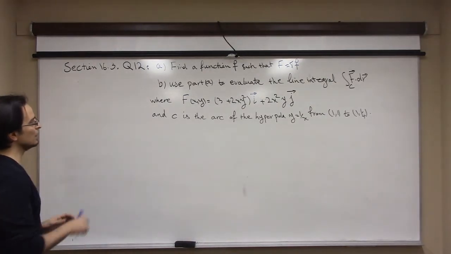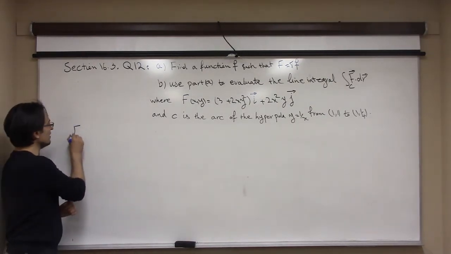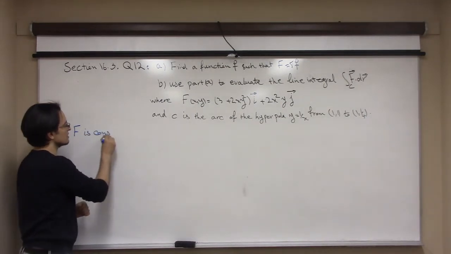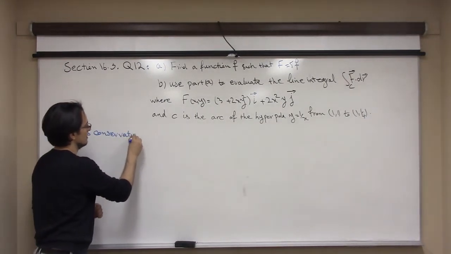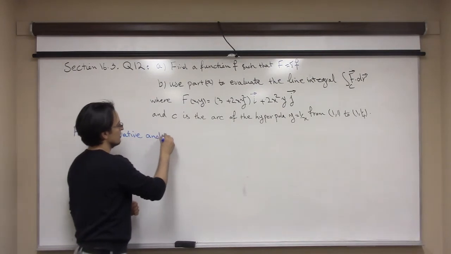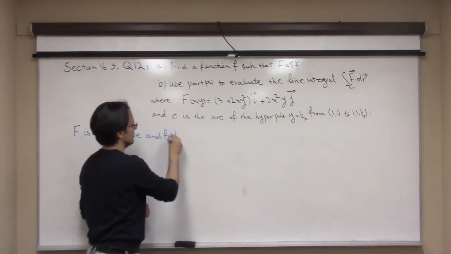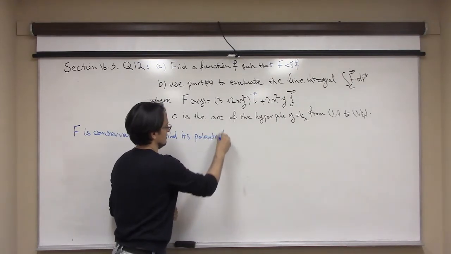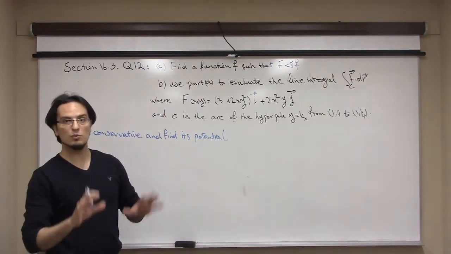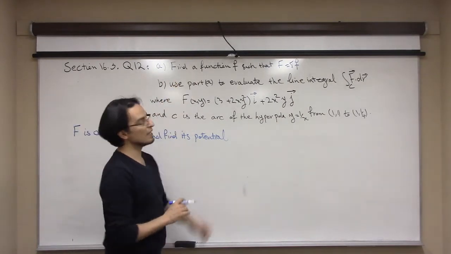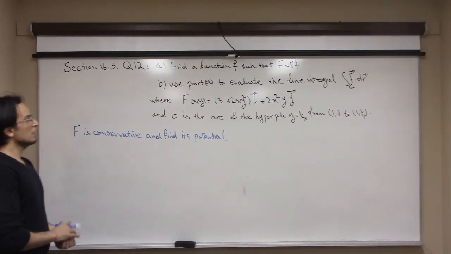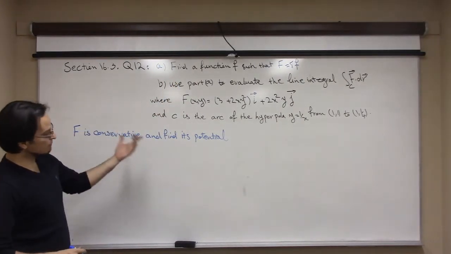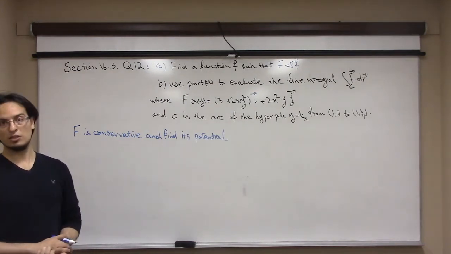So basically it means that the field is conservative, and find its potential. That's another way of stating part A. And then part B says use part A to evaluate the line integral.